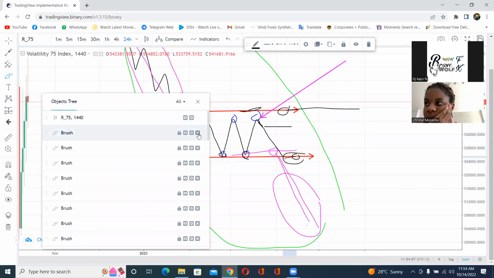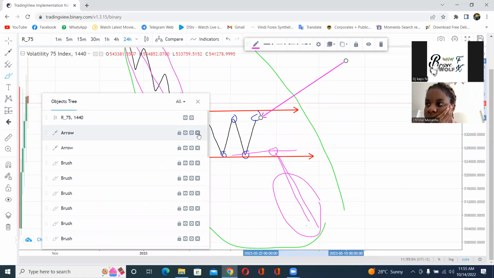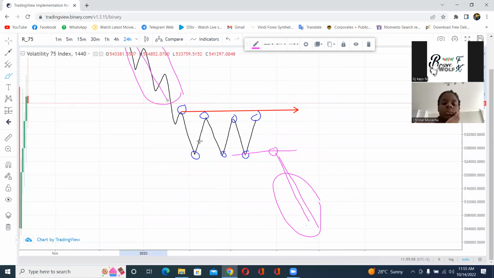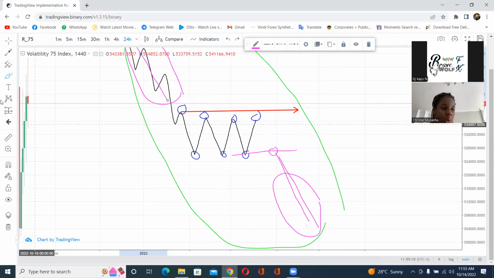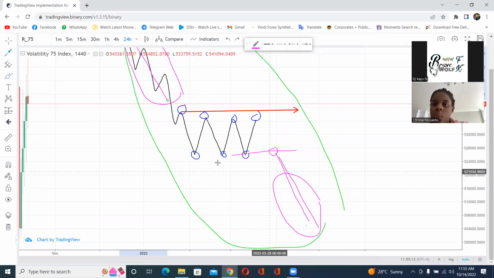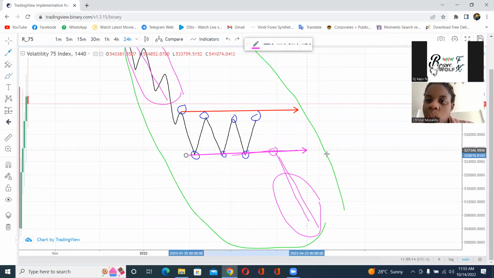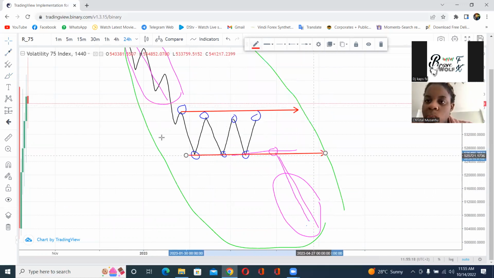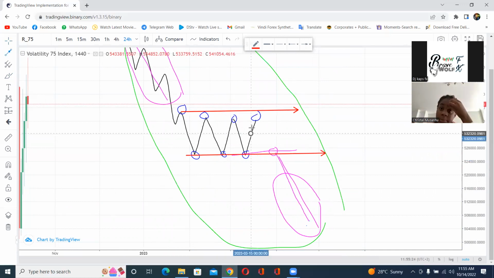If it was a buy position, it means your entries are going to be this side for a buy. This is where you're going to take your entries. It means you're not going to be focusing on this one.